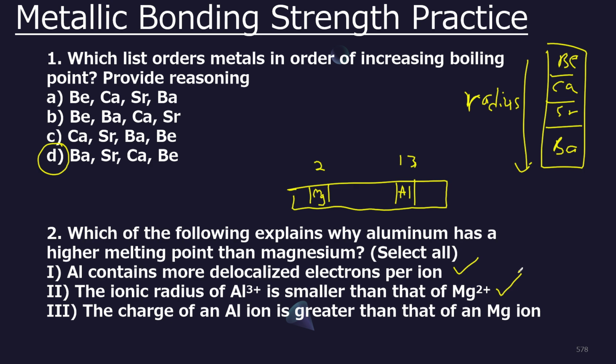That explains stronger bonding and higher melting point. Then third, the charge of an Al ion is greater than that of an Mg ion. This is also true. Al will become Al3+, and Mg will only become 2+. So all 3 of these would be true and reasons why aluminum's melting point is higher.